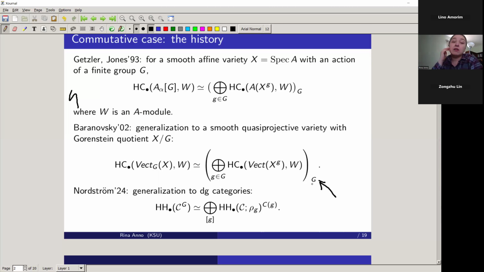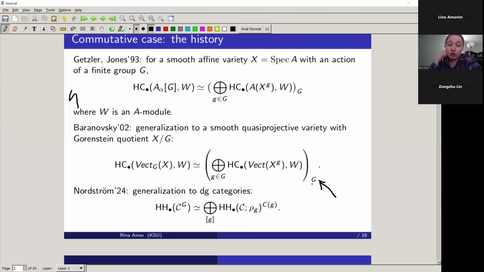And this decomposition has been recently generalized to DG categories. So instead of cyclic homology, we just take Hochschild homology.